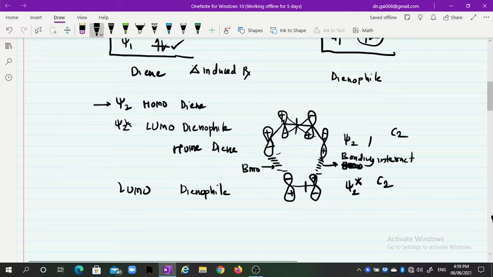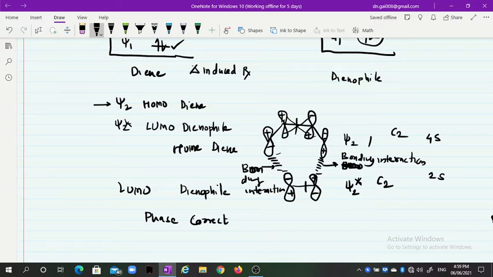Bonding interaction, because positive, positive is there. It is also a bonding interaction. Therefore, in this case the phase is correct, that is 4 suprafacial and 2 suprafacial. Therefore the phase is correct for bonding, so it is a symmetry allowed reaction.